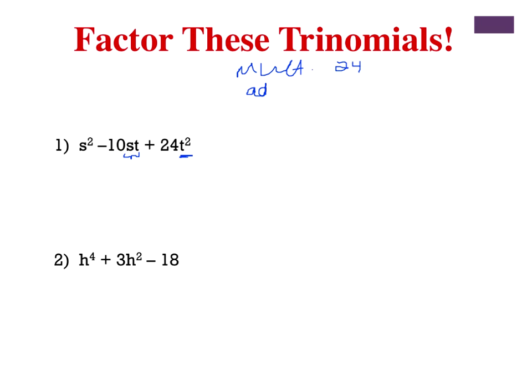I want to figure out what multiplies to 24 but adds to a negative 10. So go ahead and give me the numbers that multiply to positive 24 and add to a negative 10.